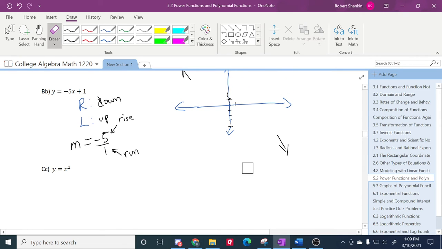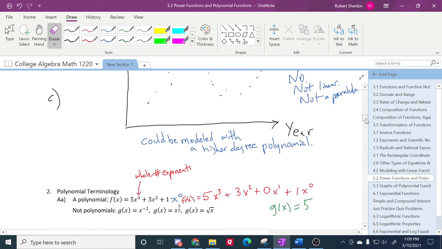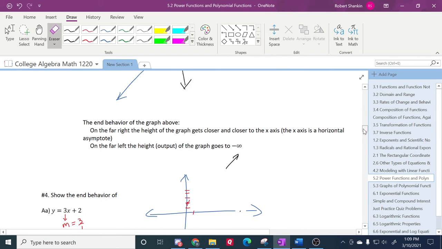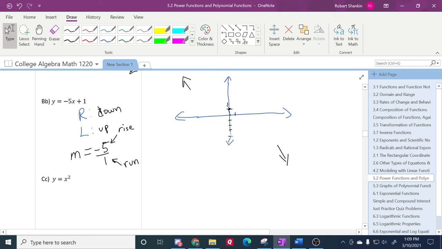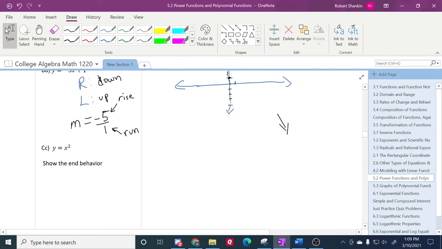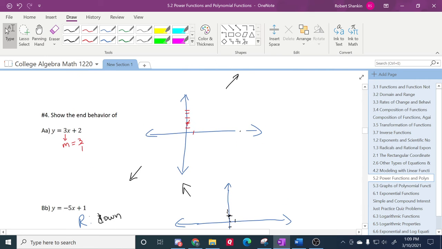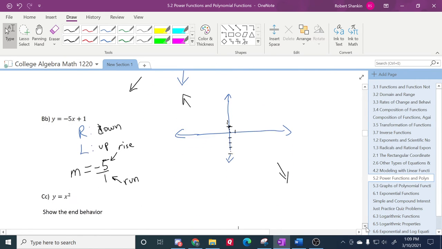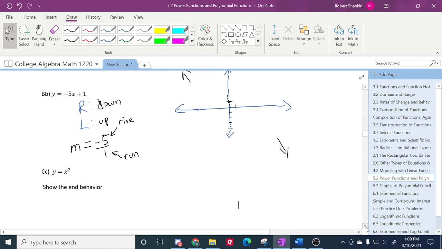So, the same question. Let me repeat the question. What happens? Show the end behavior. All right, so do a graph showing the end behavior only, and then put it into your group chat.